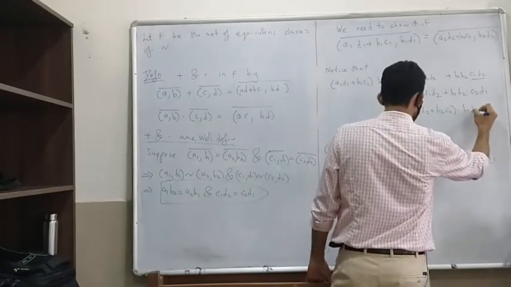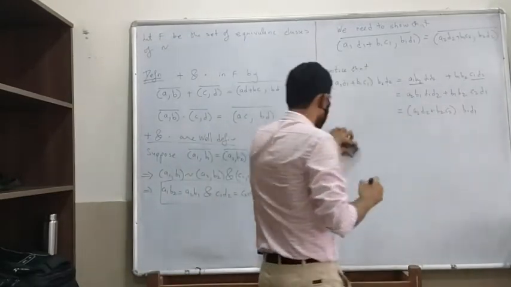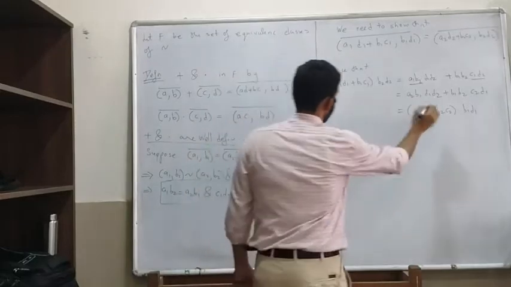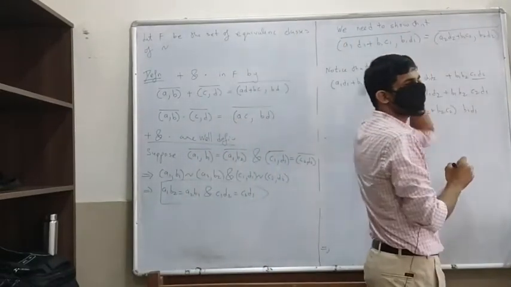Not very difficult, just a very routine type of calculation. You need to go back and forth and get these things. So this is what you have, which means what? It means that this is related to this, which means that these two equivalence classes are the same.